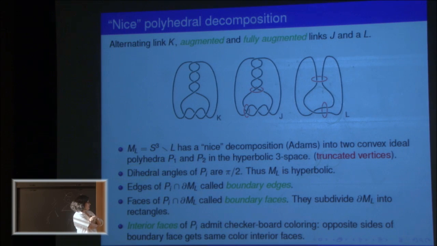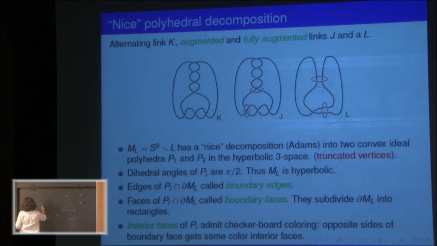And these ones here are rectangles. Remember how it goes, and around your vertices you go like this. Okay. And you've got your checkerboard coloring. Okay. All right.